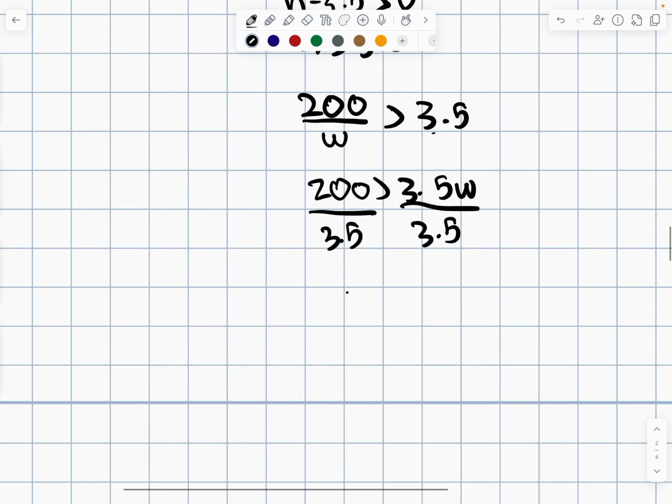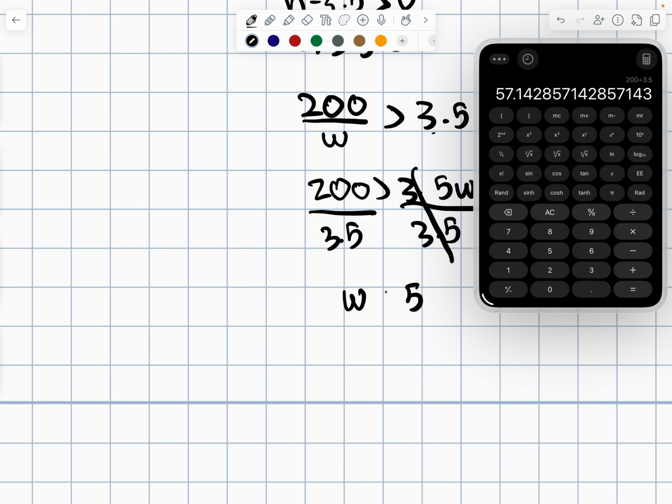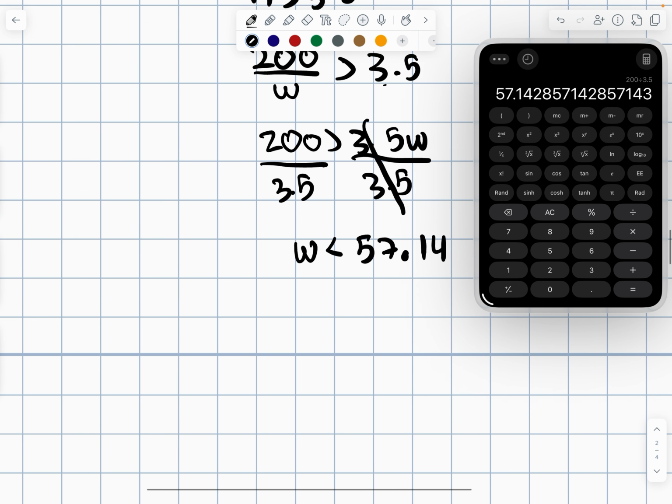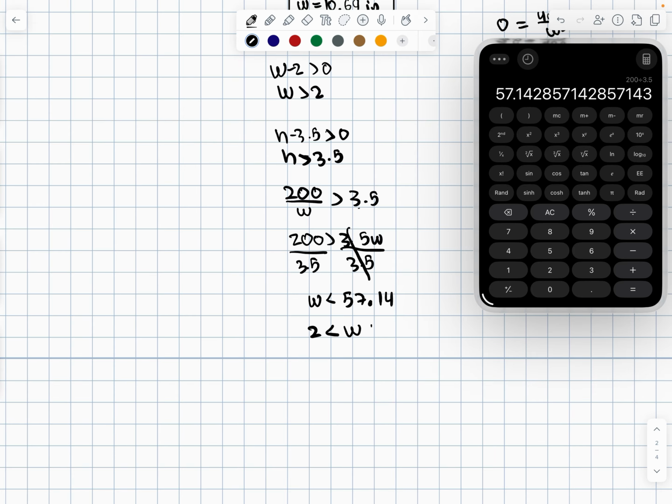That's going to give us the width. 200 divided by 3.5 is 57.14. So the width has to be less than that. So it should be in between 2 and 57.14. This is our restriction.